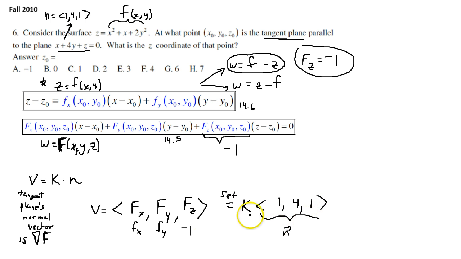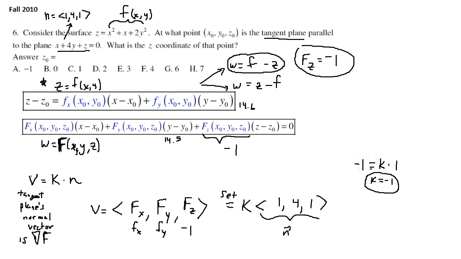We can figure out what the constant k must be then, because two vectors are equal when they're equal component-wise, and so the third component will tell us that negative 1 is k times 1, so it tells us what the scalar multiple is, in this case, negative 1.